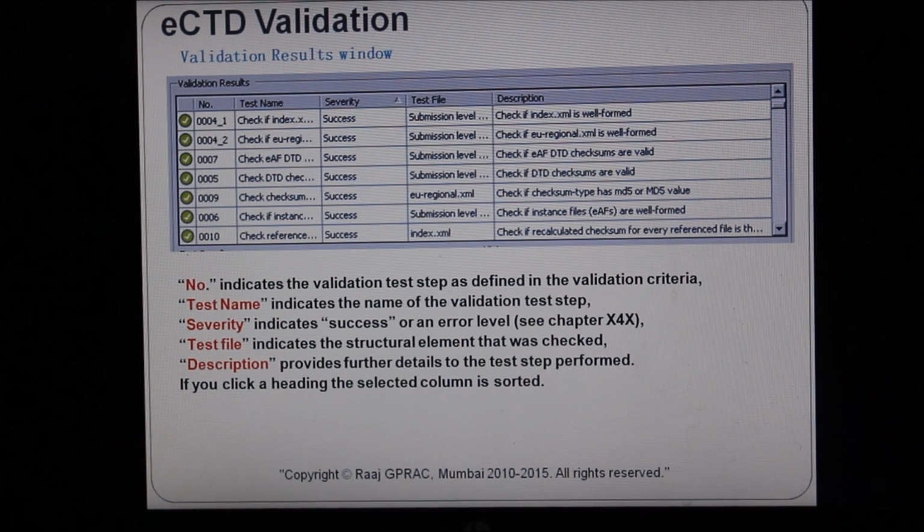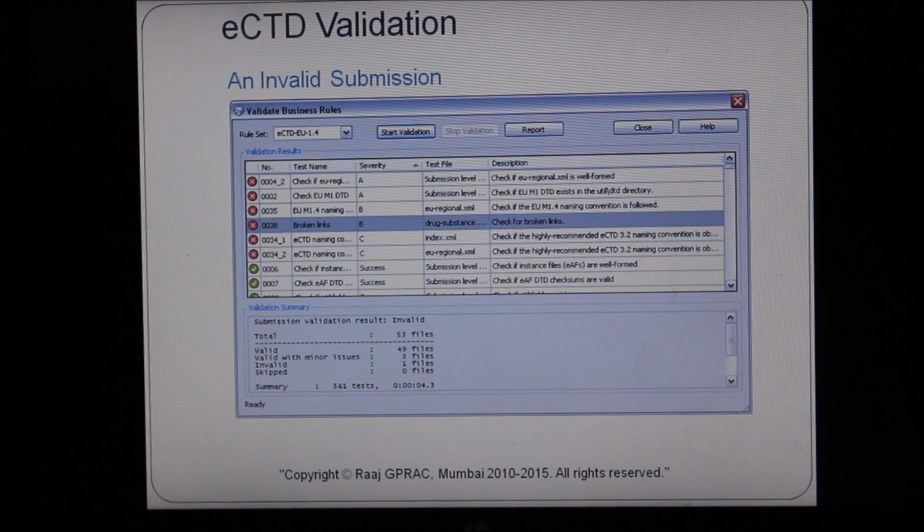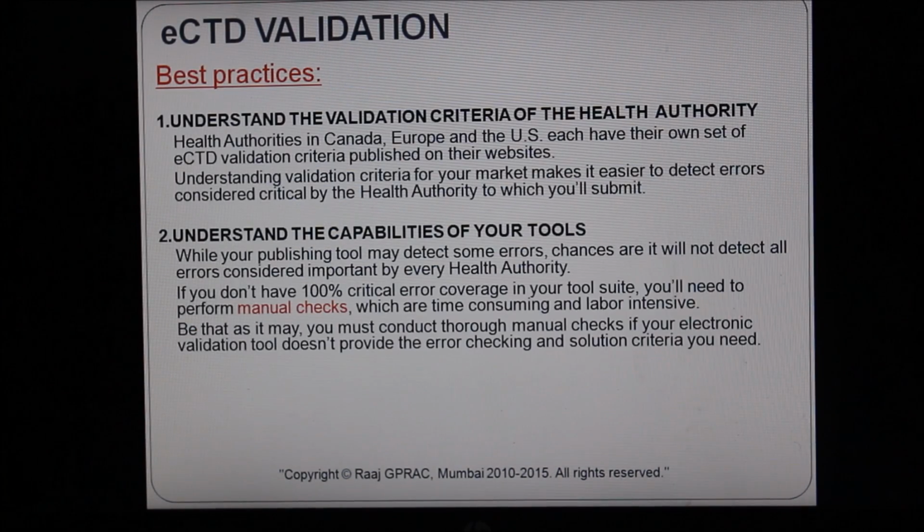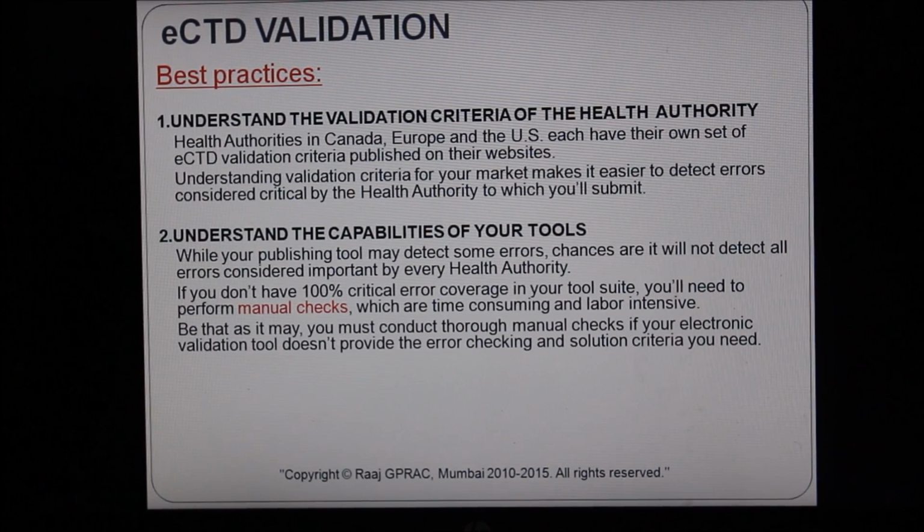Then test level indicates the structural element that was checked. Description provides further details of the test step performed. If you click a heading, the selected column is sorted. If an invalid submission is showing, then you have to resubmit, redo the work and organize the sequence once again.